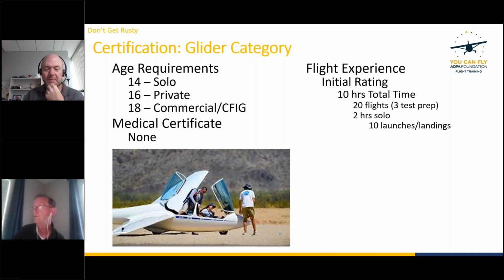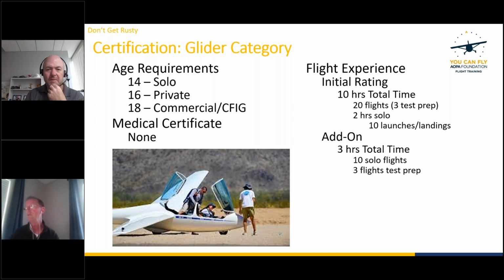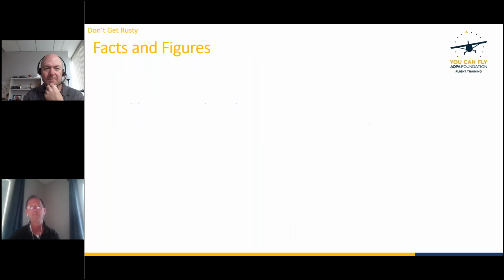The initial flight experience for an initial rating is 10 hours of total time, 20 flights in a glider, 2 hours of solo flight. Back to the question of if you already have a pilot certificate and you'd like to add a glider category rating, by regulation, you could do that in as little as 3 hours, 10 solo flights. And then there is a practical test, oral and flight test for either one of those category add-on ratings. So there's your certification requirements.